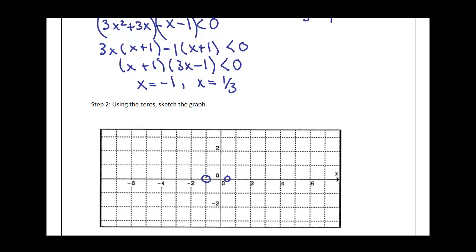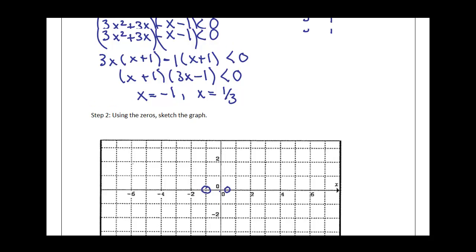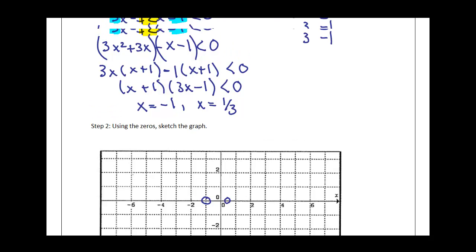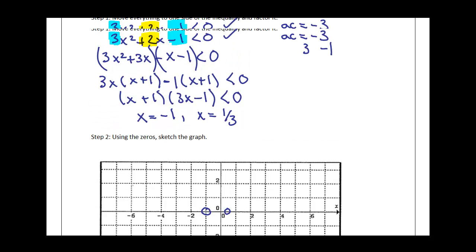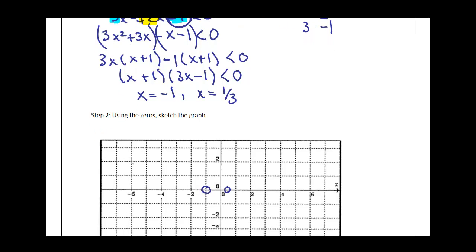Now from here, I'm just going to do a rough sketch of what I think the graph would look like. I do know that it does cross the x-axis at negative 1, because looking at our graph, we learned in Unit 4 that when it's in general form, the constant is the y-intercept, which is negative 1 in this case.